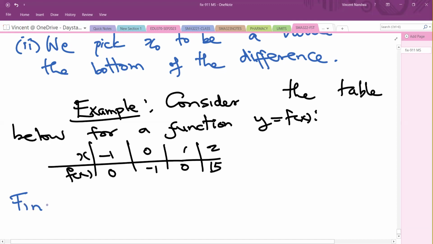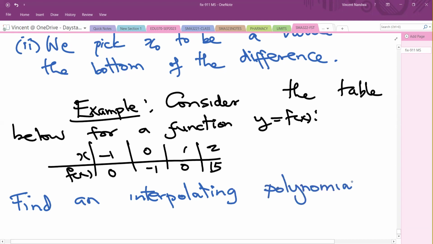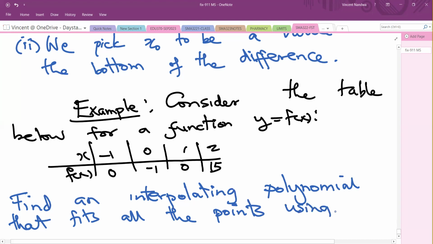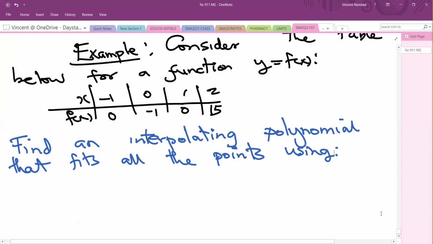So find an interpolating polynomial, not really formula, interpolating polynomial that fits all the points using 1, Newton forward interpolation formula and 2, Newton backward interpolation formula.